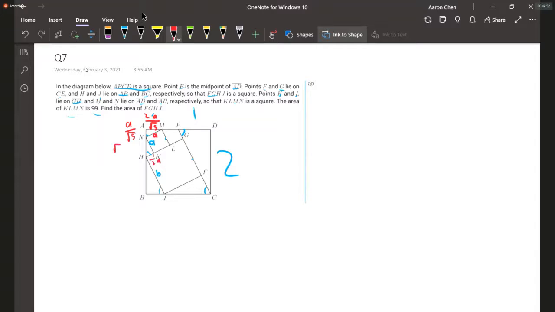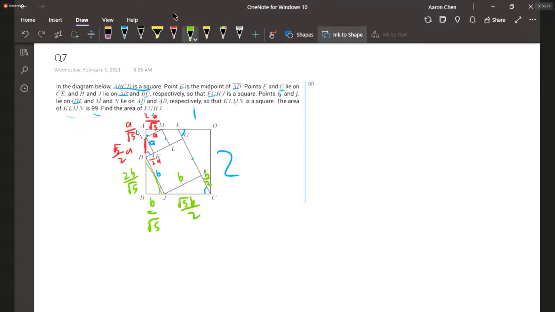So this side length, NH, is root 5 over 2 a. And now you have that this is equal to b, so this is b over the square root of 5, and this is 2b over root 5. And this is b, so this is 1/2 of b. And this is root 5 b over 2.